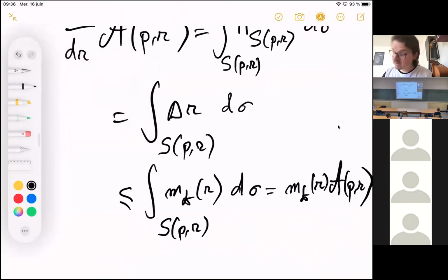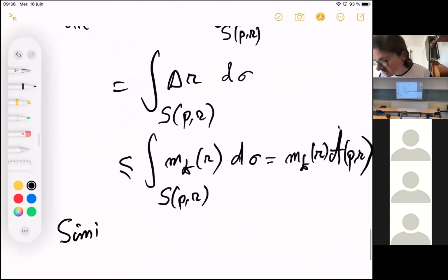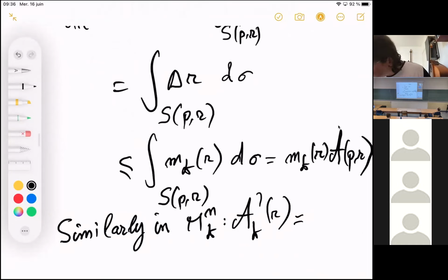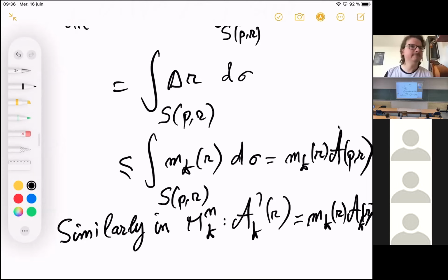Similarly, we can do the same computation in the space form, and what this will give us is that A_k, which was just a function of r, has a derivative equal to m_k(r) A_k(r). So now we can put all that together.